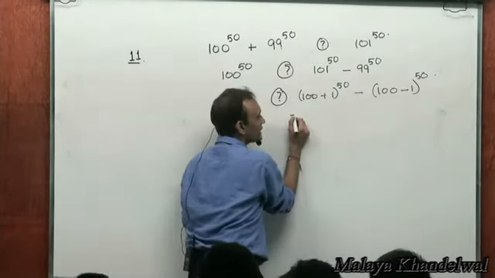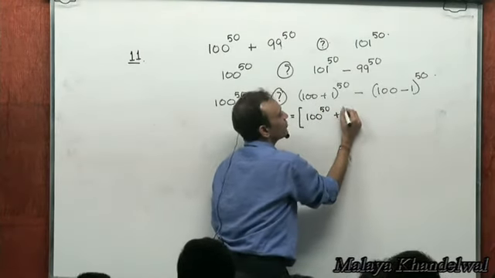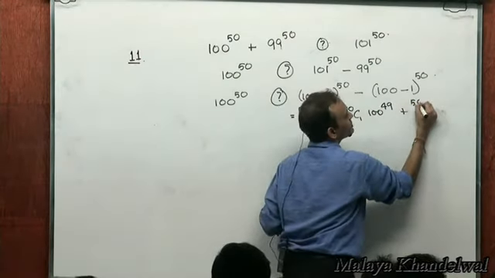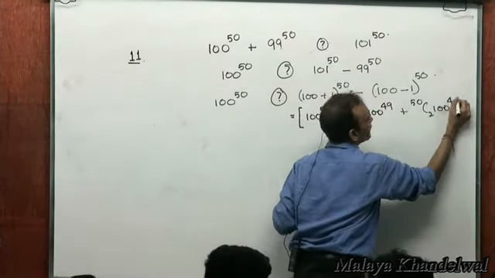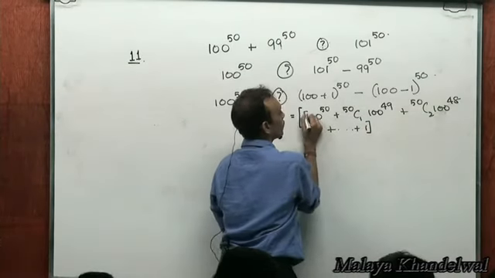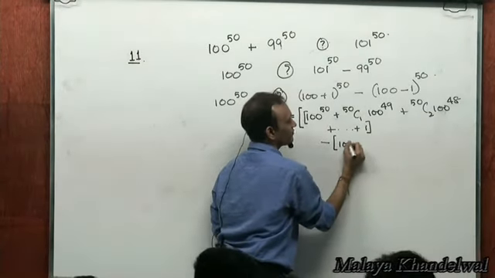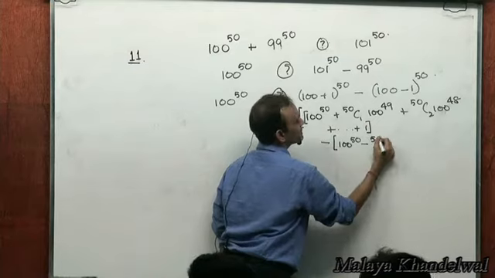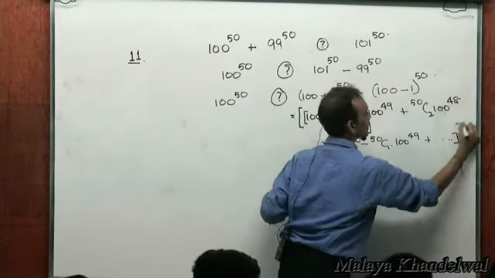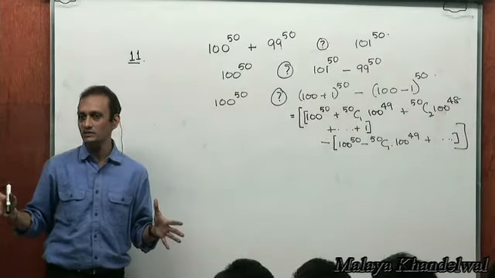So then this right hand side is 100 to power 50 plus 50C1 100 to power 49, plus 50C2 100 to power 48, plus 1 kind of terms, minus this: 100 to power 50 minus 50C1 100 to power 49 plus, and so on. Binomial expanding both, this is what transpires.